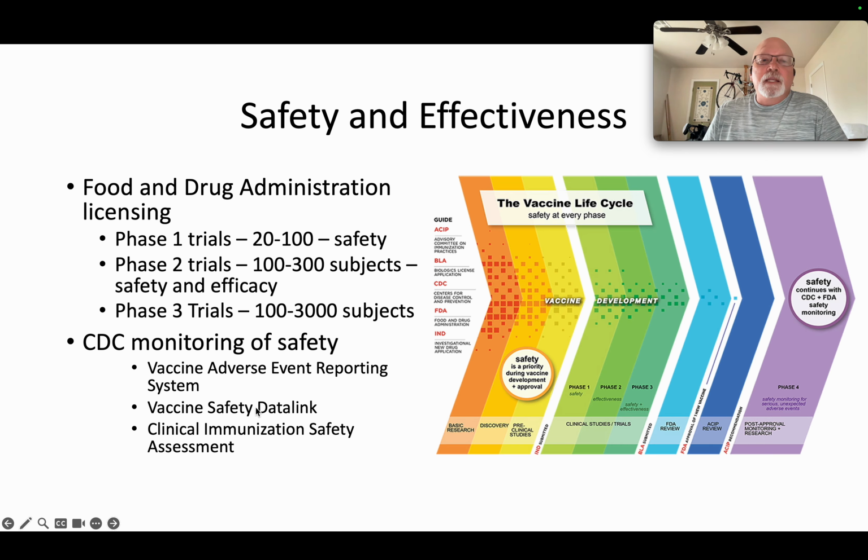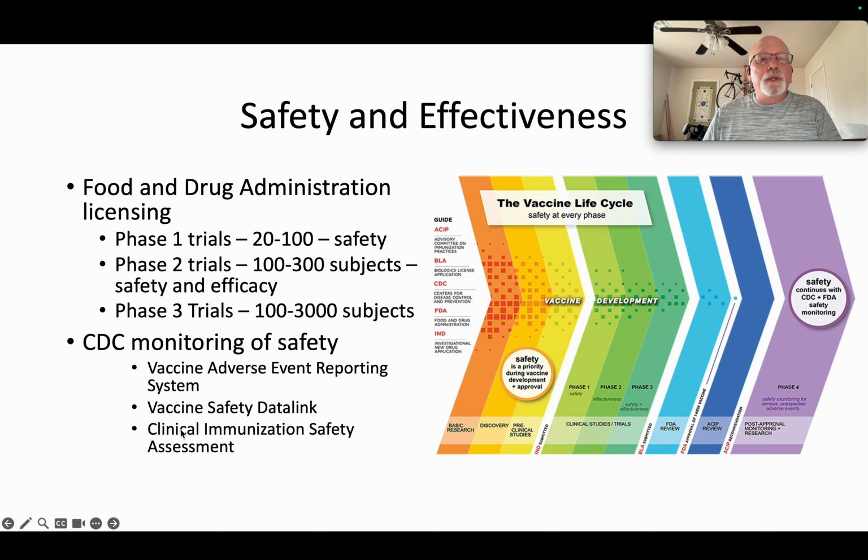There's also the Vaccine Safety Data Link, which is a database where health organizations from all over the world submit data about vaccine safety and side effects to this large database that then is accessible to everybody, which once again just makes the breadth of information coming in about the safety of vaccines even bigger.